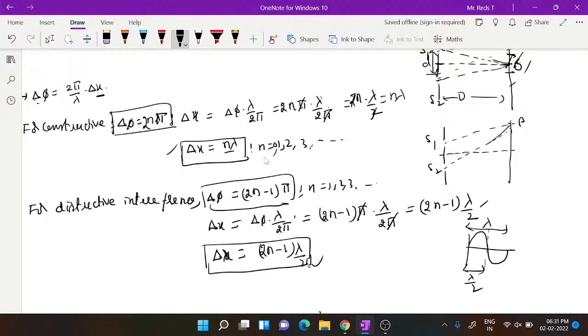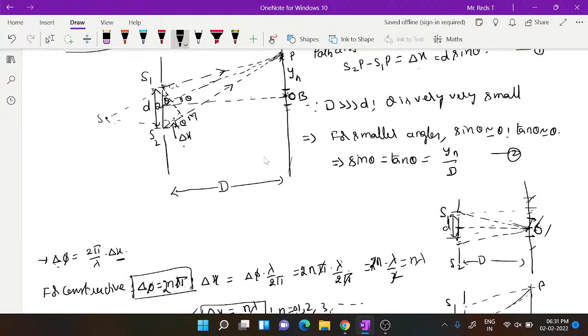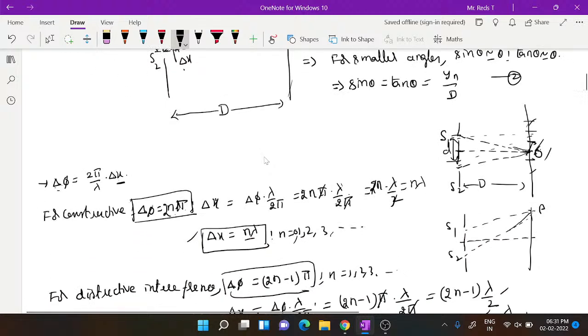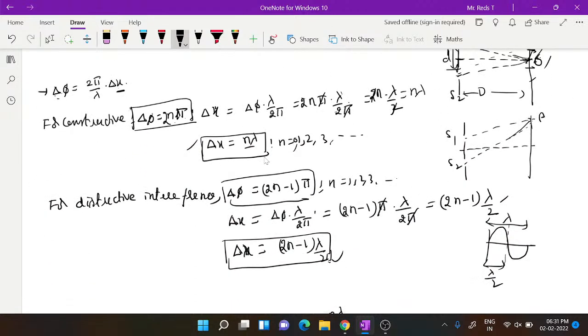For n equal to 3, it is 5 lambda by 2. So for half wave, lambda by 2; for 1.5 waves, 3 lambda by 2; and for 2.5 waves, 5 lambda by 2, we get destructive interference. That can be understood with the help of this mathematical expression. For odd multiples of lambda by 2 path differences, we will get destructive interference.